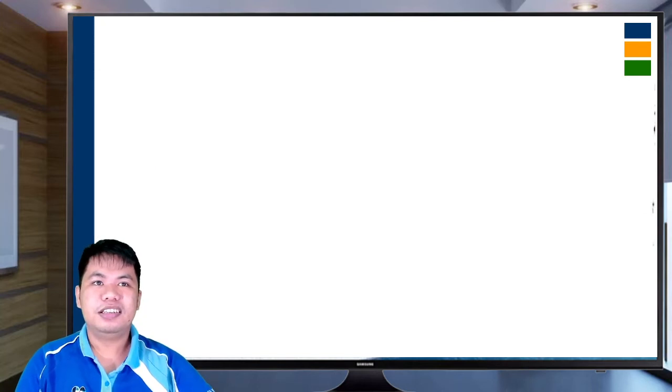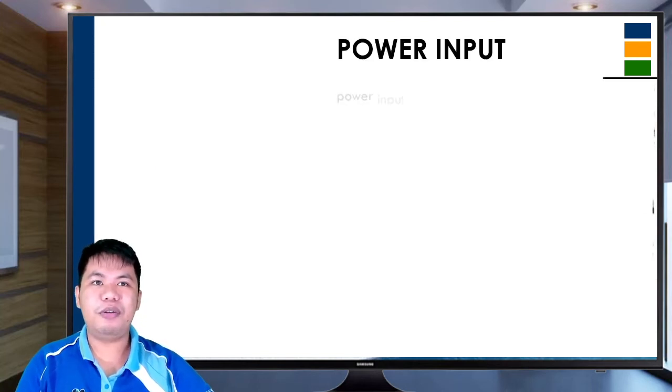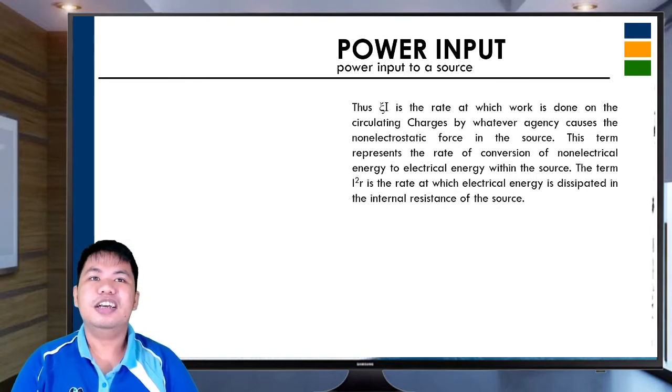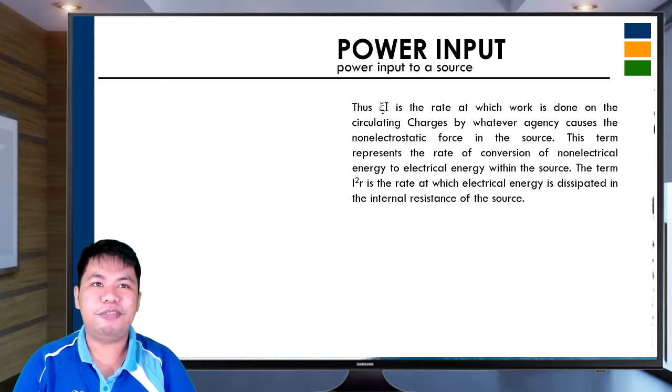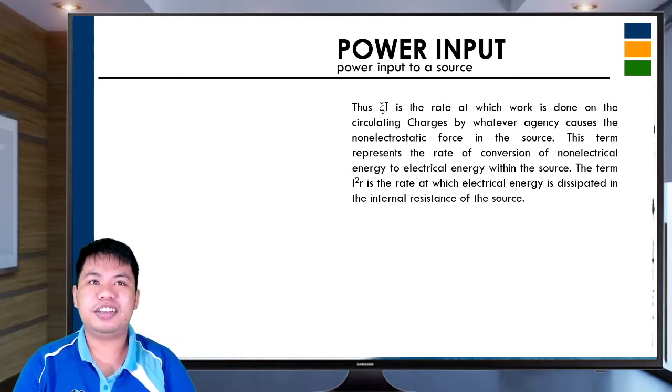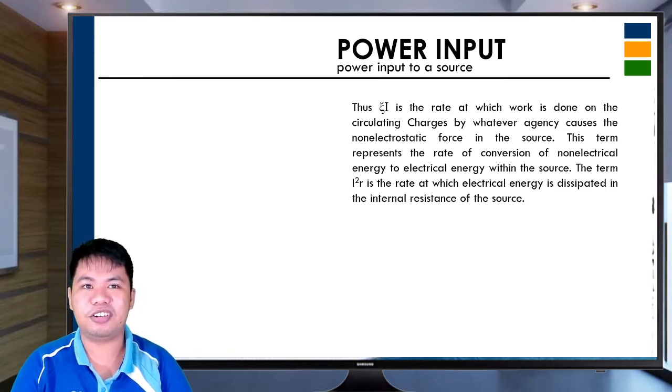How about the power input to a source? The EI, the electromotive force times the current, is the rate at which work is done on the circulating charges by whatever agency causes the non-electrostatic force in the source.